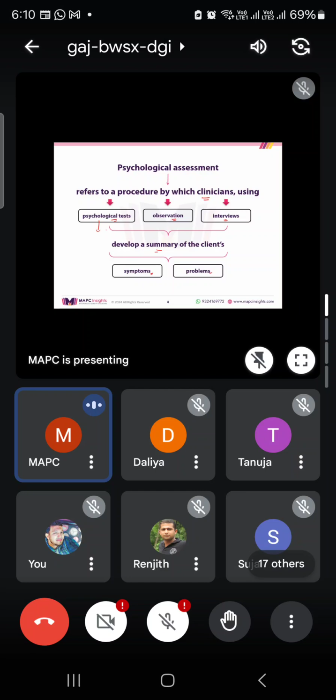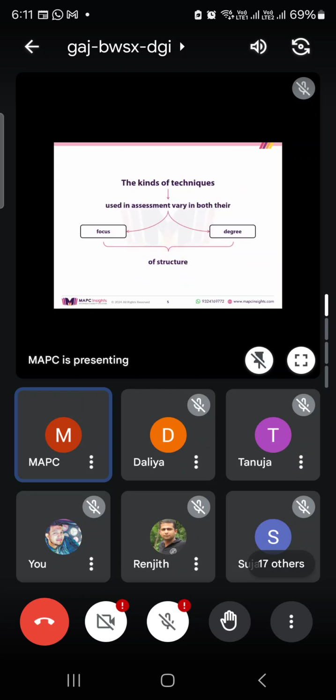What we discussed, the various psychological tests, observations and interviews, and with the help of this we develop the psychological profile of the client, in which the symptoms and problems will be there.